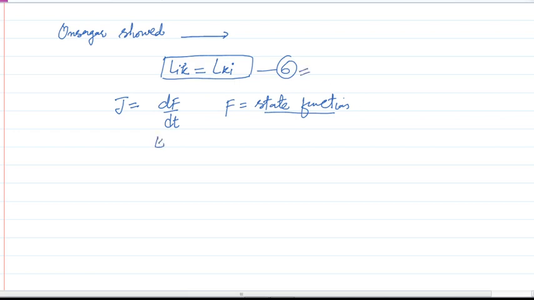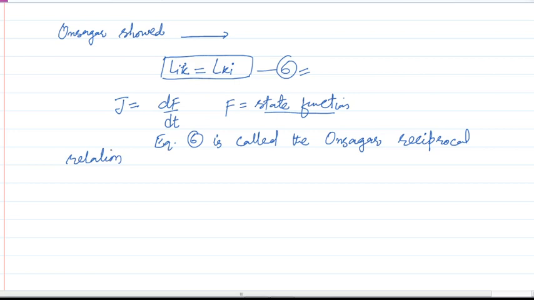This equation 6 is called the Onsager reciprocal relation, or this is also called the reciprocity relation.